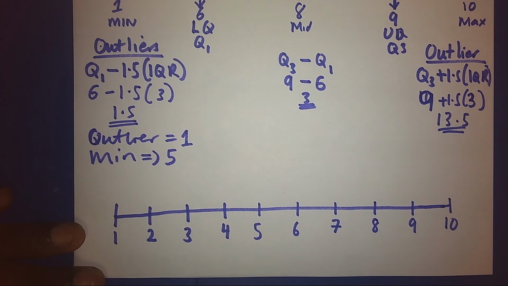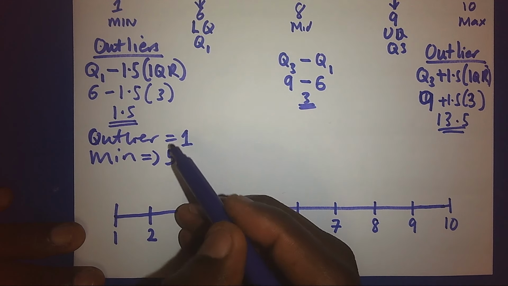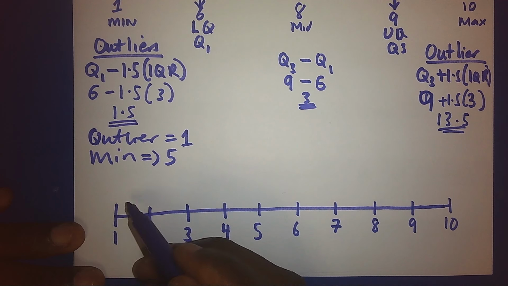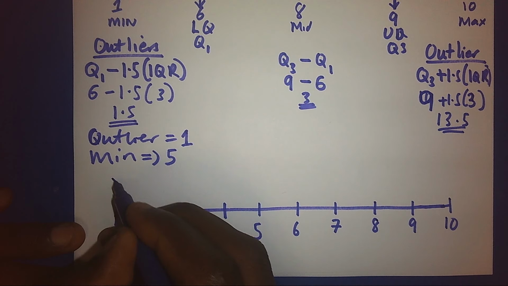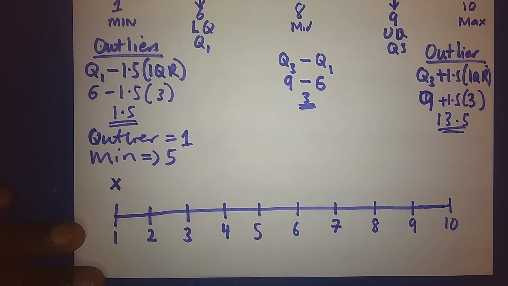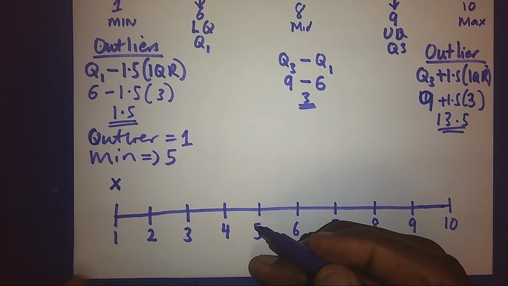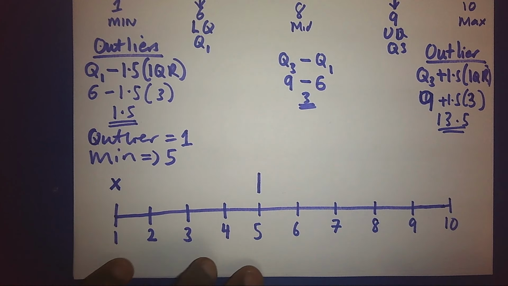So, we found out 1 is an outlier. It cannot be on our whiskers. So, this 1, we shall represent as a mark, which we can just use X, to indicate it is an outlier. But now we said the next data, that is 5, will become our minimum value.